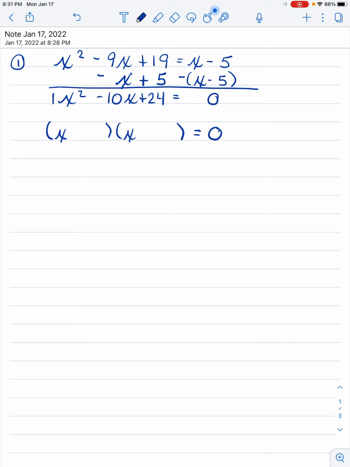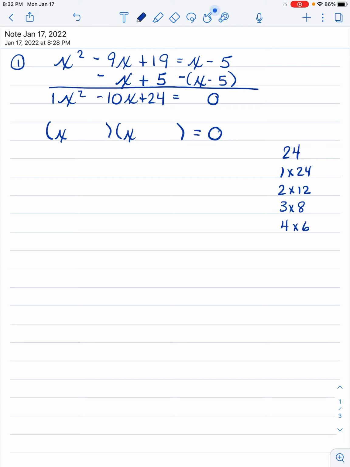The constant is positive, and because it's positive, I know that I have to multiply two positive numbers. So, what are my factors of 24? What can I multiply together to give me 24? Well, I could do 1 times 24. I could do 2 times 12. I could do 3 times 8. And I could do 4 times 6.